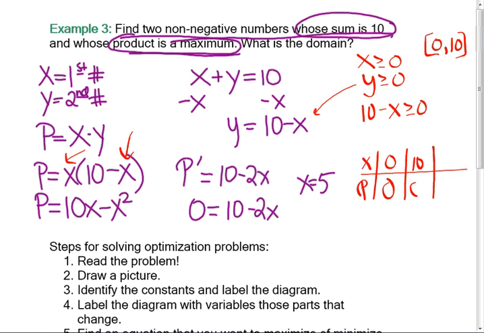That guarantees it now. Unless we have a flat line, a horizontal line, the next one has to be the max. So let's try 5 and see what the value is. I've solved to get 5. That's where the derivative is 0. Well, what's 5 times 10 minus 5? 25.